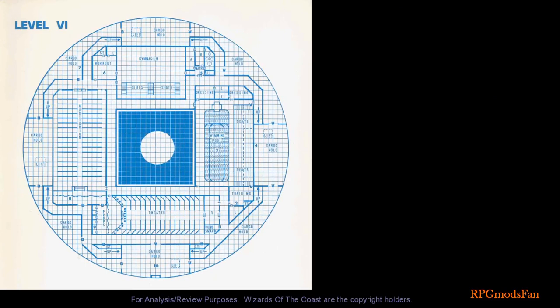Level 6 is the lowest level of the module. It is a deck where recreational and exercise facilities can be found. It contains an auditorium, a theater, a swimming pool, a sauna, a martial arts training room, a gymnasium, a workout room, and locker rooms.